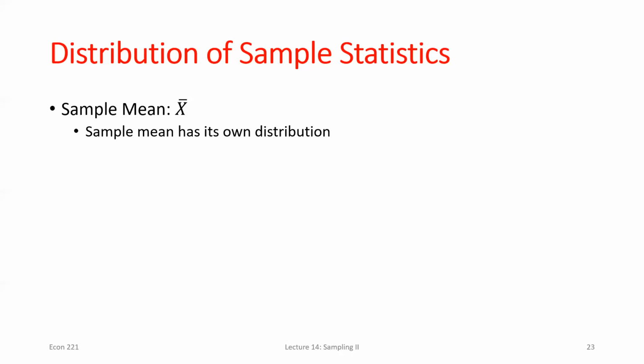Any one person may have these extreme values, but when I'm looking at 100 people, it's very unlikely I get 100 people who are making values that are very far from the mean. So what ends up being true about our sample mean distribution is it's a little bit tighter. You can think about it as the variance of my sample means being a lot lower than the original variance of the data, because I can't see these extremely large values.